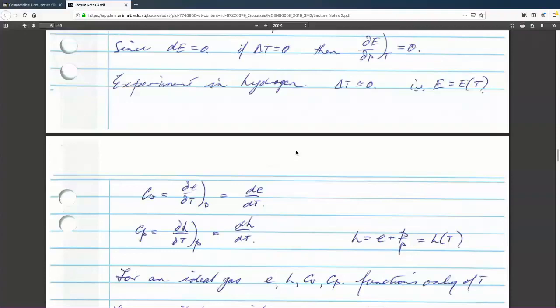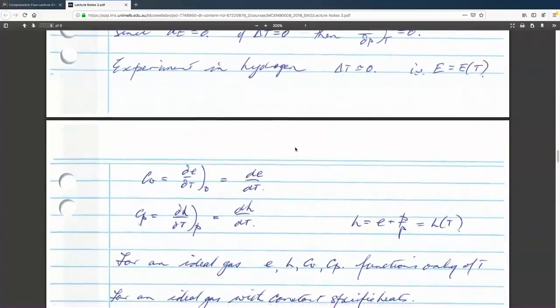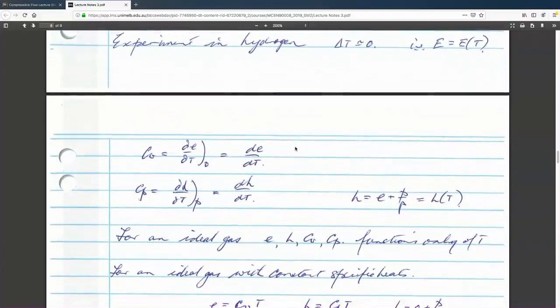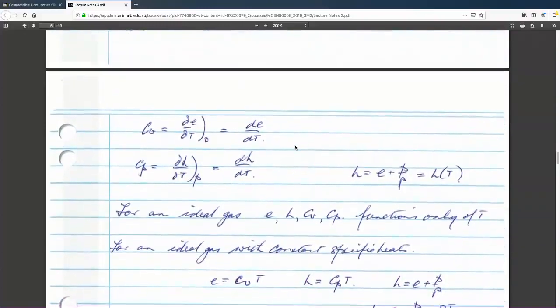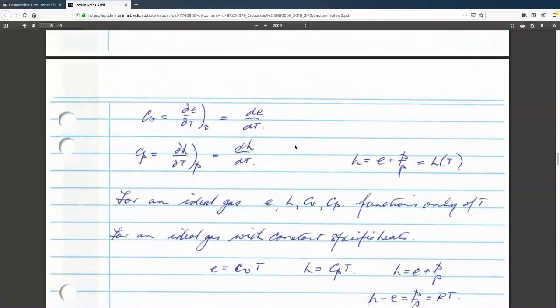So now we can go on. Now we make a bit of a leap. We say, what if we had an ideal gas with constant specific heats? So that's a postulate.